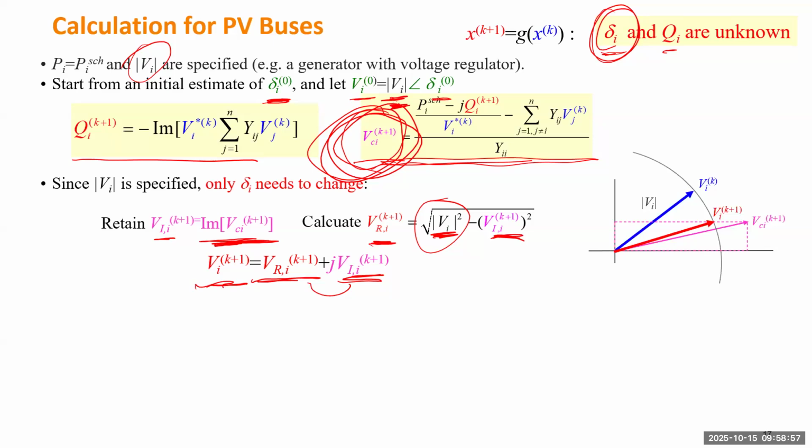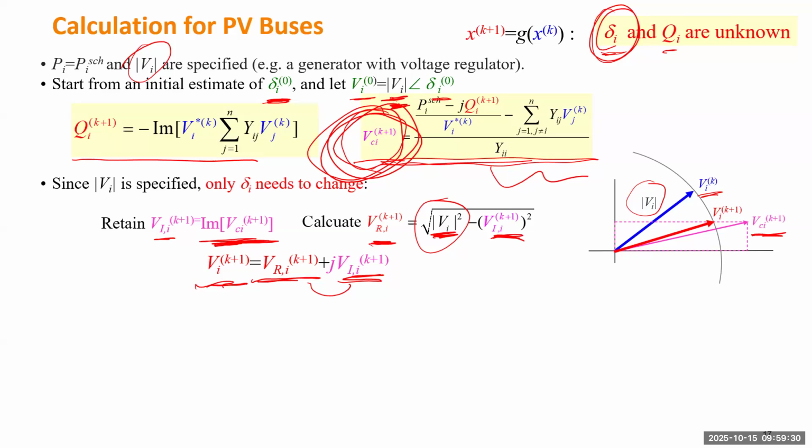To visualize what happened here, from iteration K, we have this voltage phasor, and the voltage magnitude is already determined, right? Because it's a PV bus. So we can only update along this circle. We cannot leave this circle. But based on the iteration formula, we need to change the voltage phasor to this one, which you see is longer than the radius of the circle.